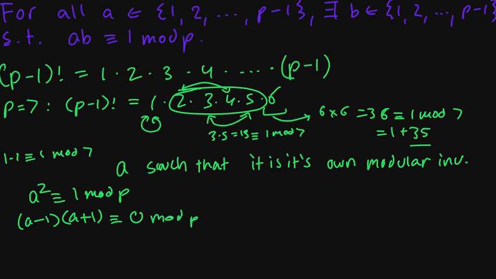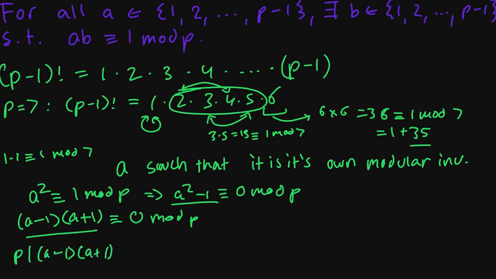This is because from this we know that a squared minus 1, subtracting 1 from both sides, is equal to 0 mod p, and we can factor this into this, right? And this means that p divides a minus 1 times a plus 1. Since we know that p is prime, that means that p must either divide a minus 1 or a plus 1, meaning that a must either be congruent to 1 or negative 1 mod p. In this case, we would only have a equals 1 or 6, which is when it would be its own modular inverse.